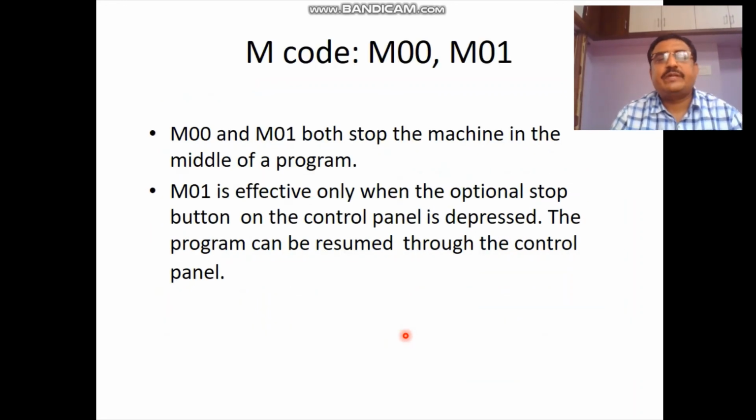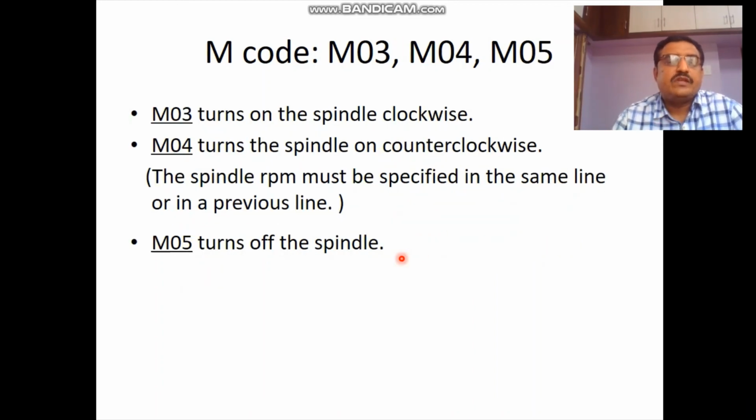This will be explained later. What is the difference between M00 and M01? Both are used to stop the spindle, but M01 is an optional stop. Anywhere in a program you can stop the machine for a particular time, and for that purpose M01 is used.